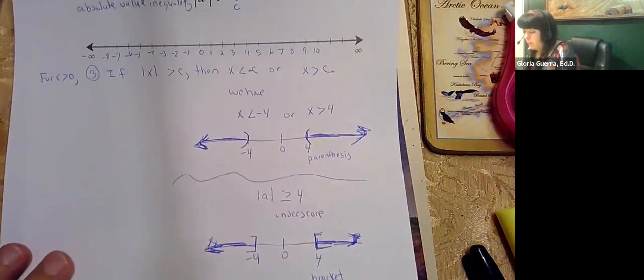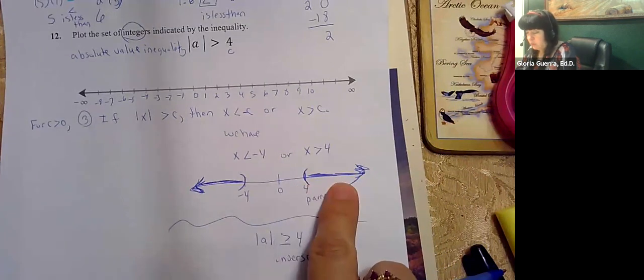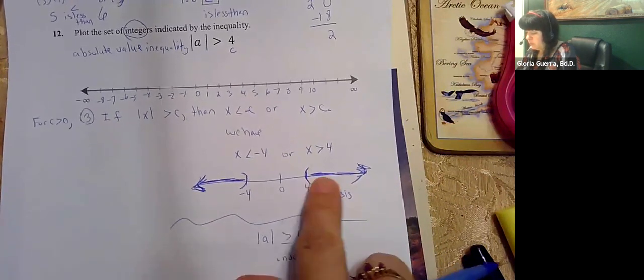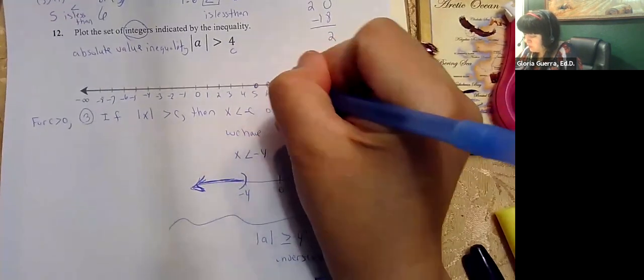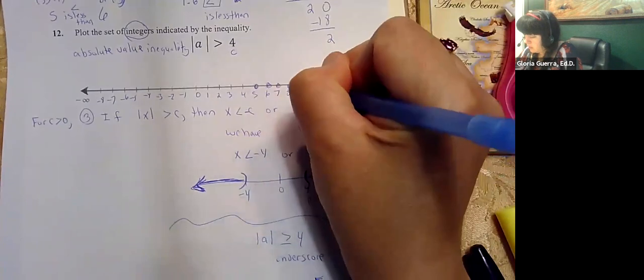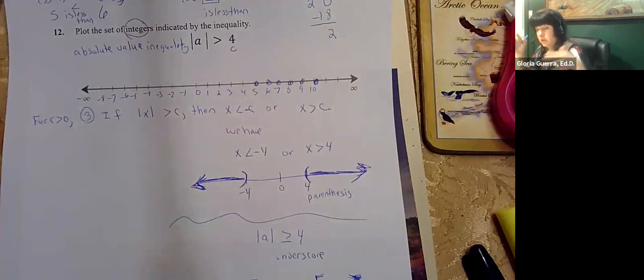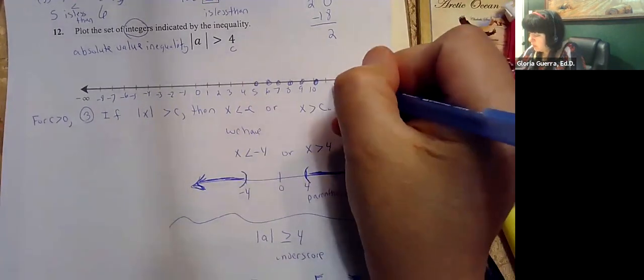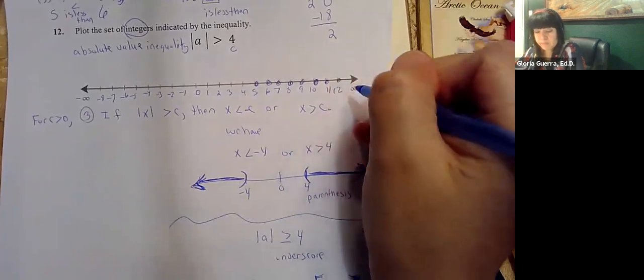So what we want is starting with 5, 6, 7, 8, 9, 10, and so on and so on, like 11 and then 12.